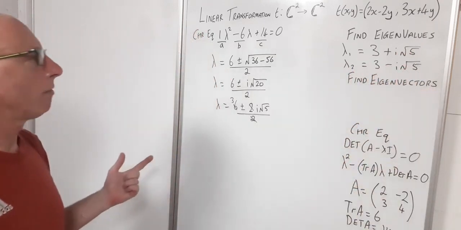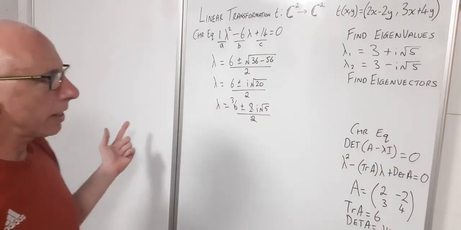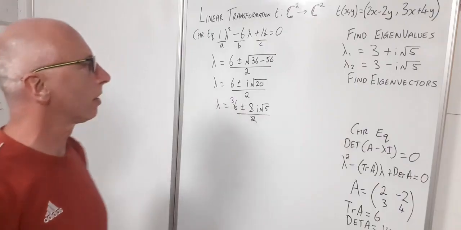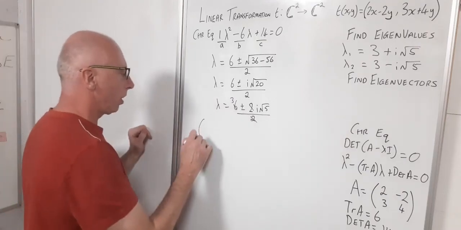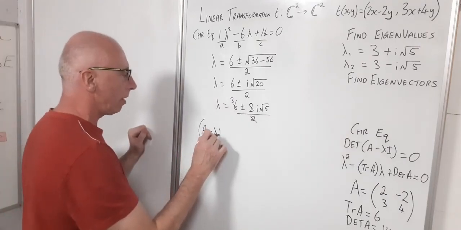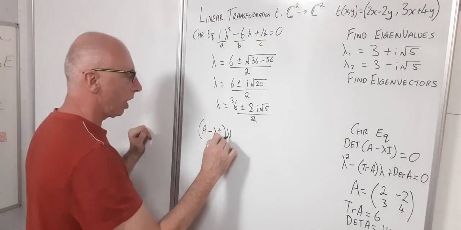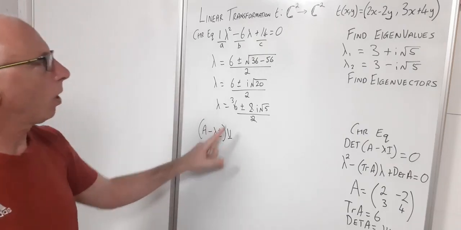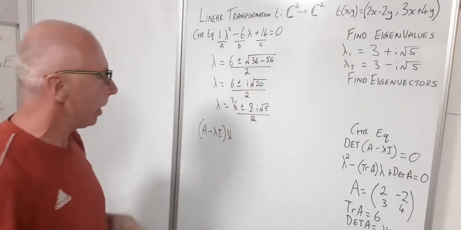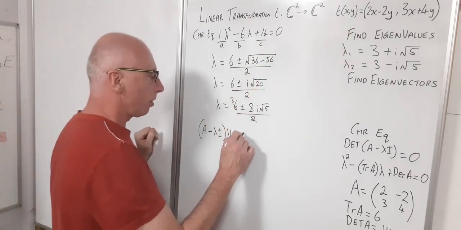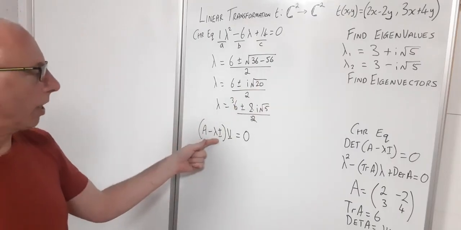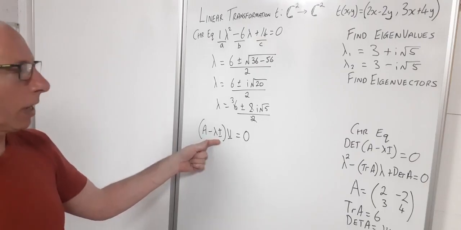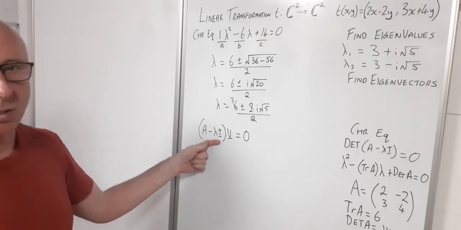So that's our eigenvalues. Now we need to work out the eigenvectors. Now the eigenvectors, we know for that one, we go A minus lambda I multiplied by the standard vector x and y, and then set that to 0. So A minus lambda I. I is the identity matrix, which is 1, 0, 0, 1.